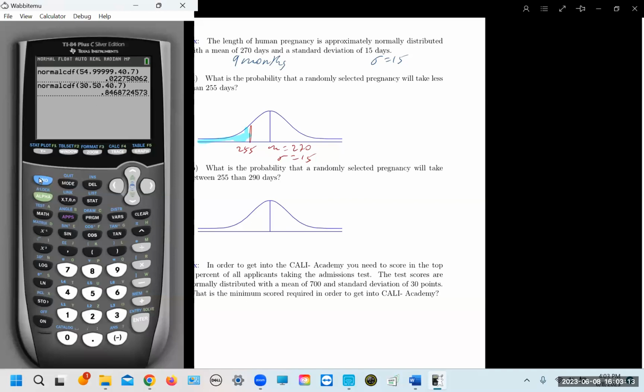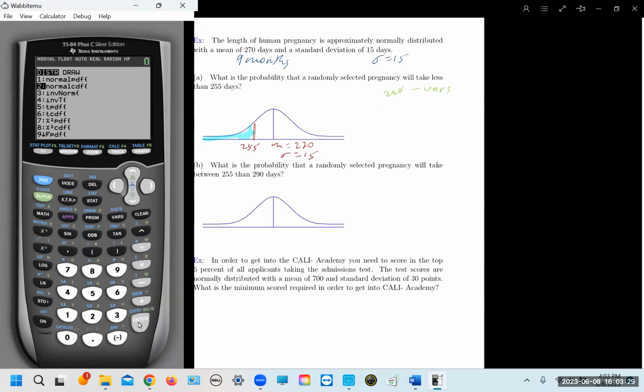So second var, and number two, normal CDF. The lower is minus 99999.